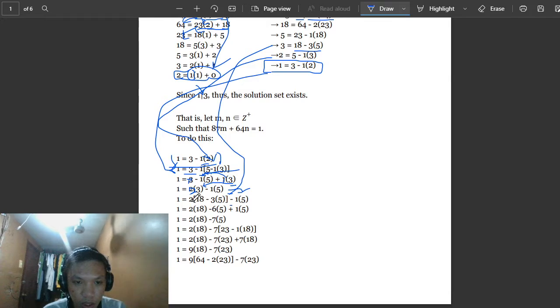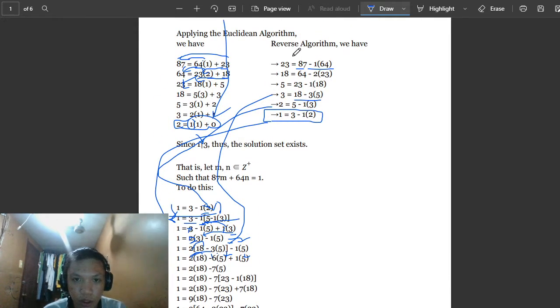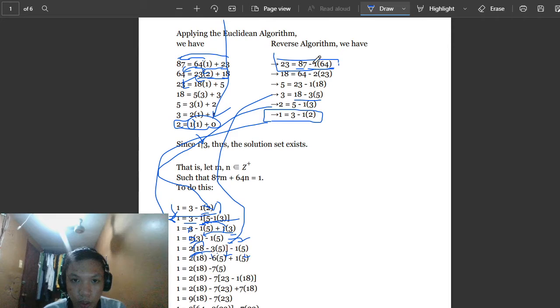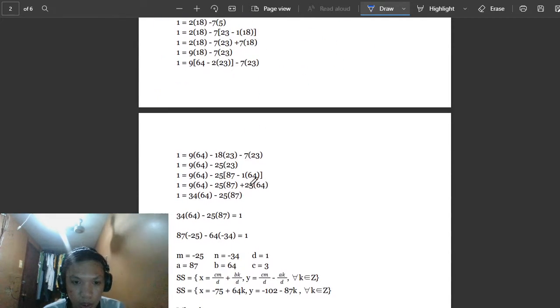Here 2 times 18, 2 times negative 3 equals negative 6, then bring down the 6, then bring down the 1 and 5. It is easy until you finish the reverse algorithm, until you reach 23 equals 87 minus 1 times 64.